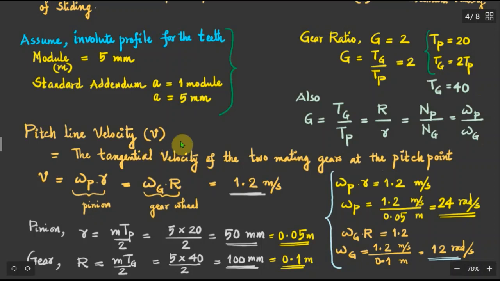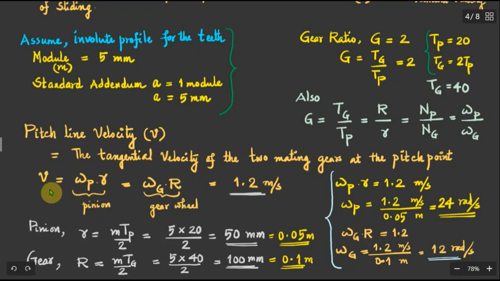See, the pitch line velocity v is actually the tangential velocity of the 2 mating gears at the pitch point. The tangential velocity is angular velocity into radius of rotation. So pitch line velocity for both gear and pinion will be the same.